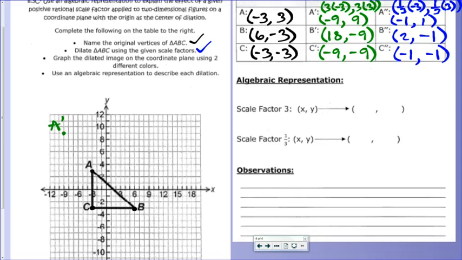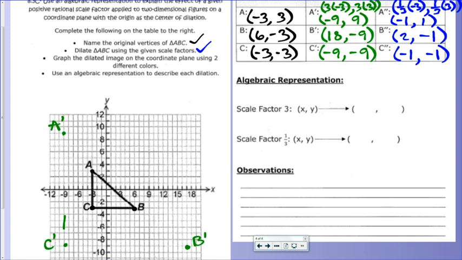So that's A prime. B prime is at +18. So x is +18, y is -9. Should be down here. This is B prime. And C prime on our x-axis is -9, y-axis is -9.